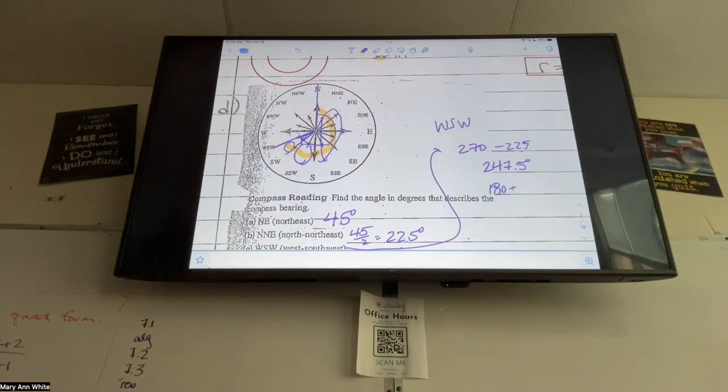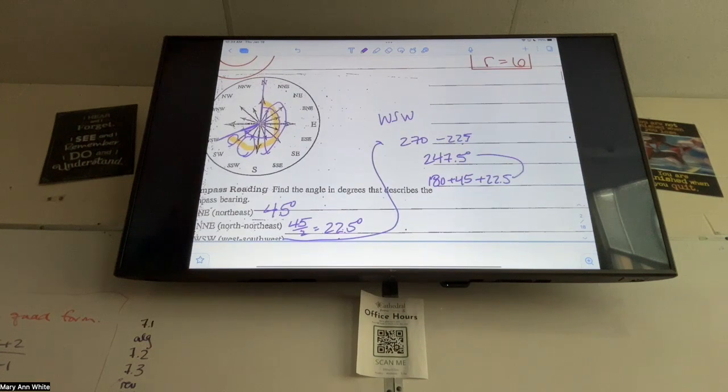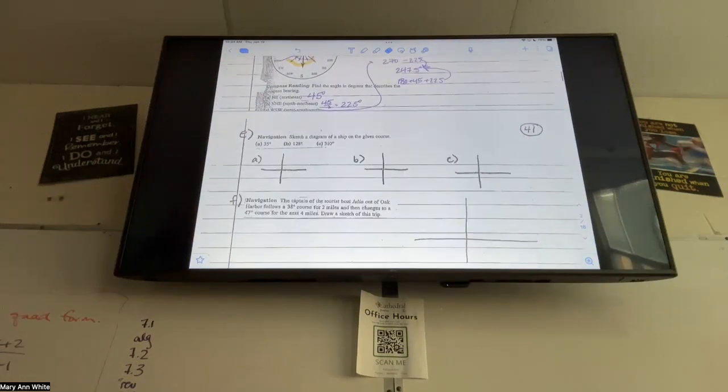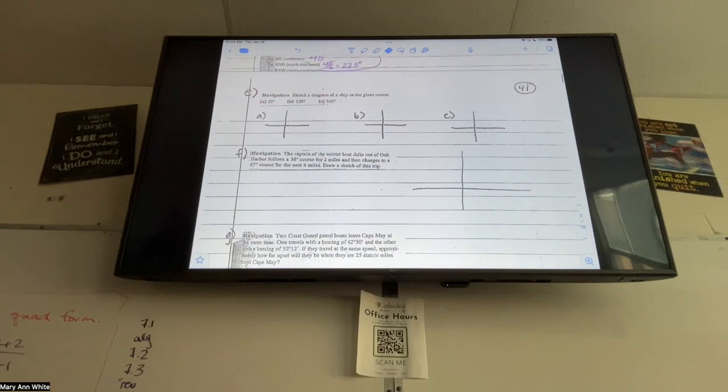So 180 plus 45 plus 22.5. I'm going to argue that's the exact same answer as 247.5. So the fun thing about that is we can see you can build up, you can break it back down, several different ways you can do that. Okay. All right, moving on. Let's do a little bearing.